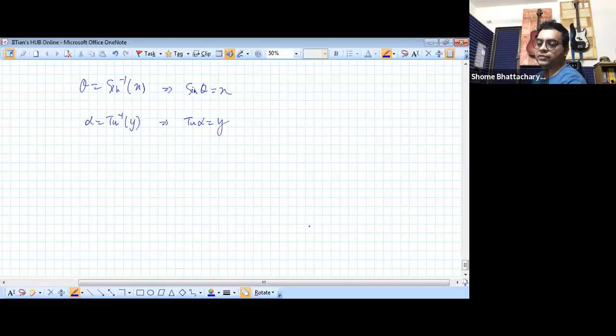So that is the meaning of inverse function. This is the definition of inverse trigonometric functions. That's all you need to understand.